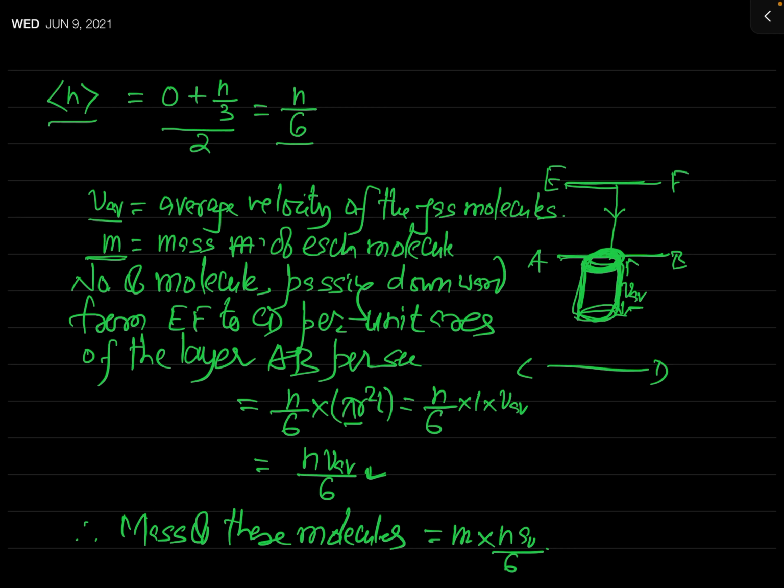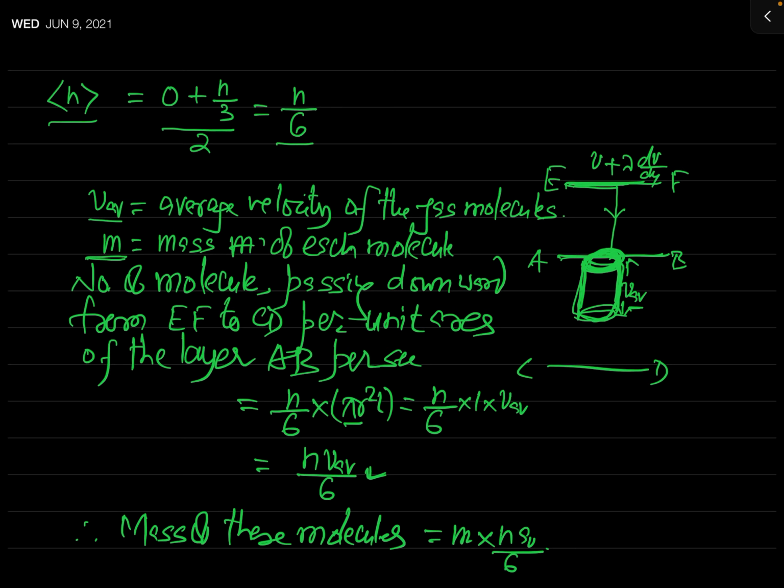Now you can see the velocity of flow of this layer EF is V plus lambda dV by dy. You have seen it. So we can calculate the momentum lost per unit area per second by the layer EF, because the molecules are leaving this layer, so there will be a loss of momentum of this layer EF.